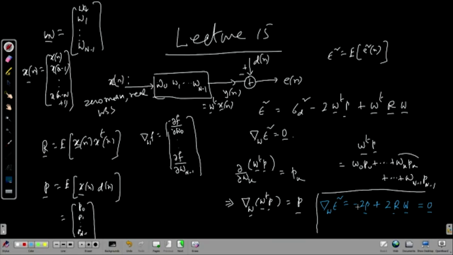So, then the 2 cancels, you can take minus p to the right hand side, R W is p, which means W, the optimal weight now, is R inverse p. R is invertible because we are assuming R to be positive definite, not just Hermitian or symmetric. It is positive definite, which is a very standard assumption, and we discussed this at length earlier. So, this is the optimal filter expression R inverse p. So, W opt, I write separately, is R inverse p.